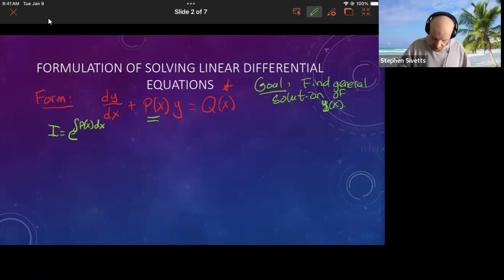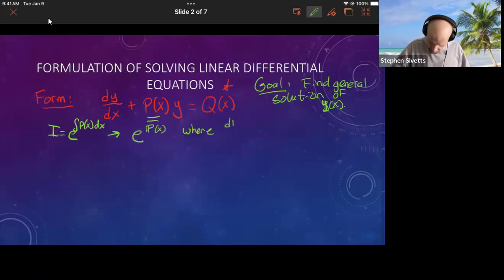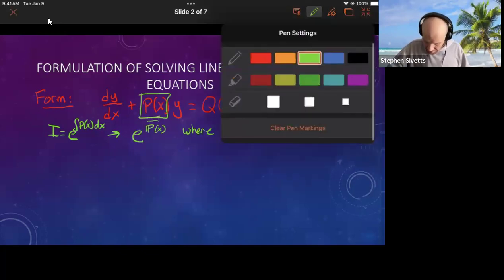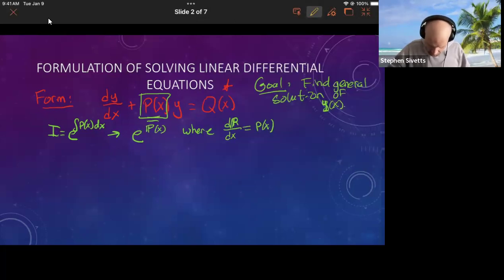So you can rewrite this as e raised to the capital P of x, where the derivative of capital P of x is just the regular p of x in your function here. So what we're going to do now is multiply both sides of this differential equation by this integrating factor.